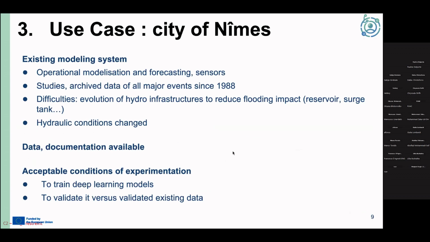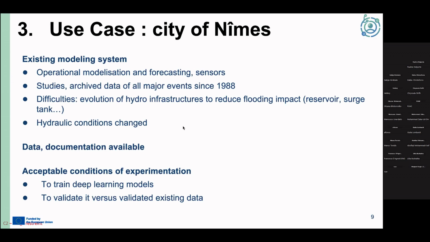We are working also with them because we could define... they had data. For example, they did a really good job of documenting the last events, and they already have the operation modelization and forecasting models. They have different sensors, so like that we can have in situ values.